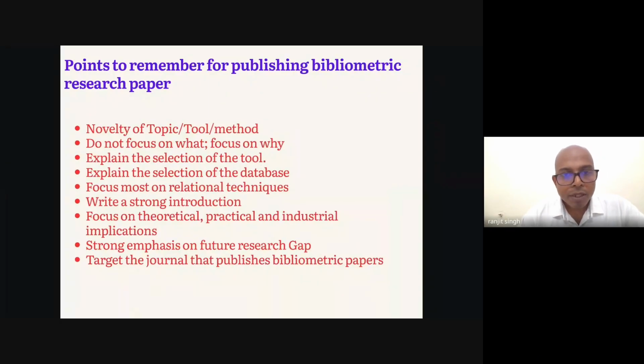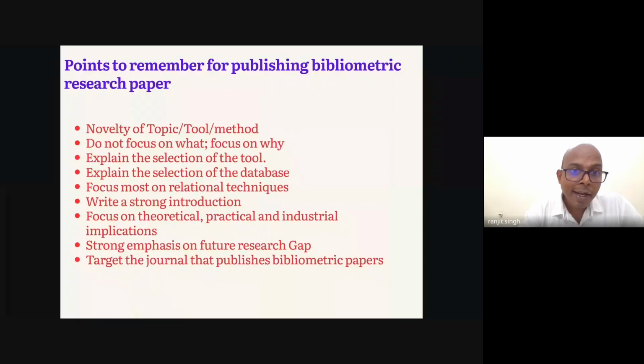So if you are selecting only a single database, then you have to offer justification for why you are using only Scopus and why not Web of Science. That is necessary. Studies have already been published using the Scopus database, so you just have to identify the advantages they have mentioned, write the advantages of Scopus, and cite the paper.